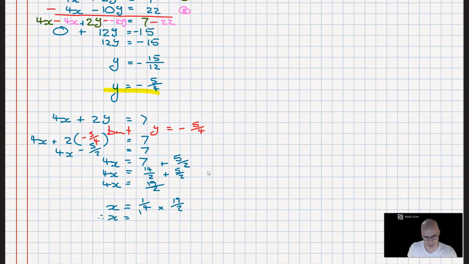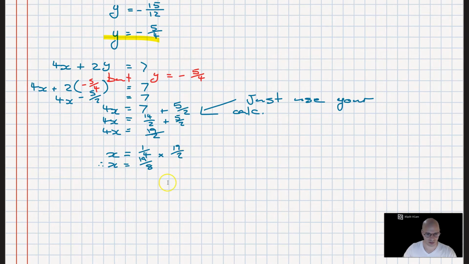So this is going to be 19 on 8. For this part, just use your calculator for fractional arithmetic like this, or else you'll easily make a mistake. So this would be the solution in this case.